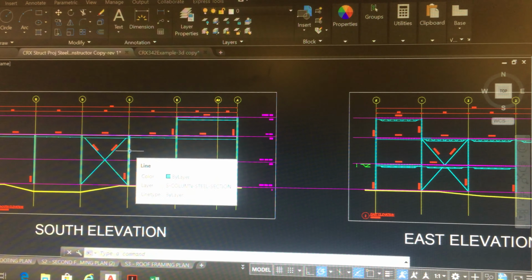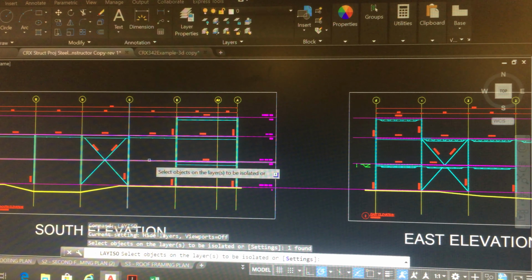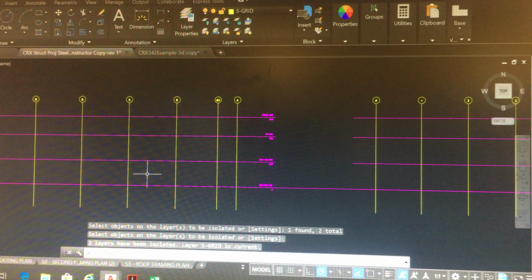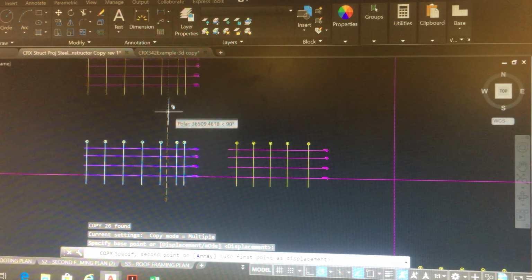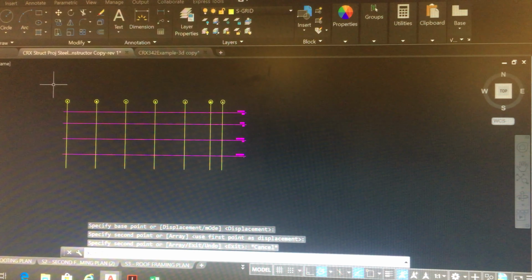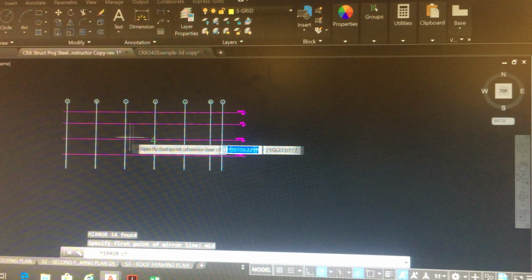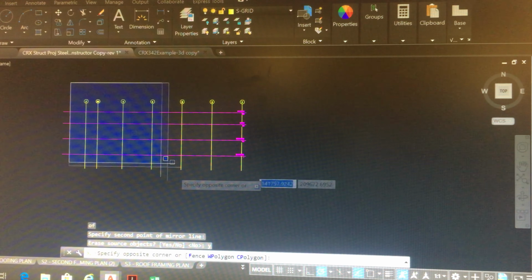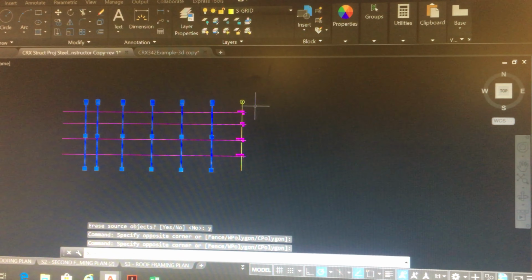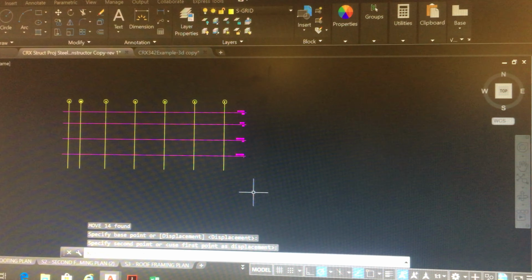So look what I'm going to do, guys. I'm going to come here, lay ISO, and isolate the grid and this. Then I'm copying this from the top over here. I'm selecting these grid bubbles, and I'm saying mirror it from any point in here. Yes, erase the original one, and then I can grab this one over here and just move it a little bit. It doesn't really matter the gap here and here as long as it fits.